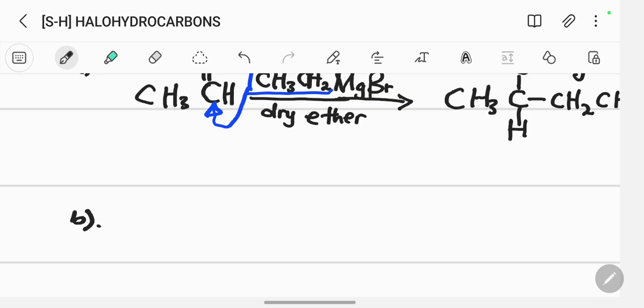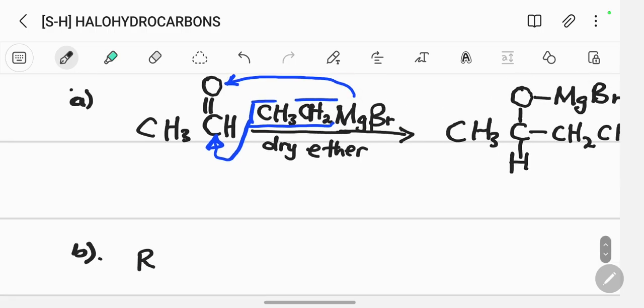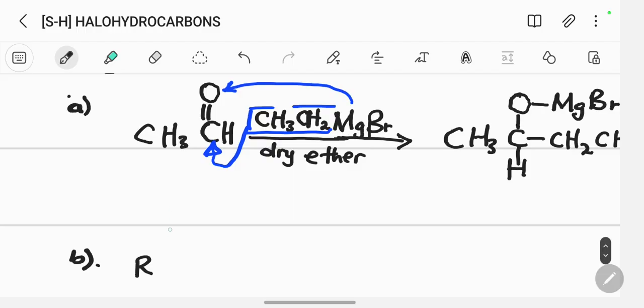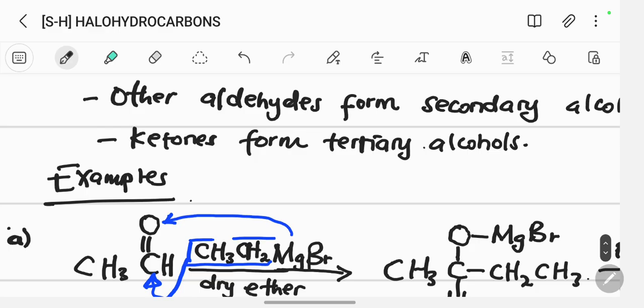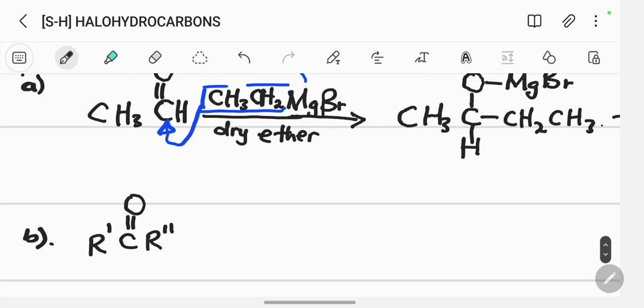So if I'm having maybe my carbonyl compound, which is ketone, we've said that ketones form tertiary alcohols. So I'm having my Grignard reagent as this.